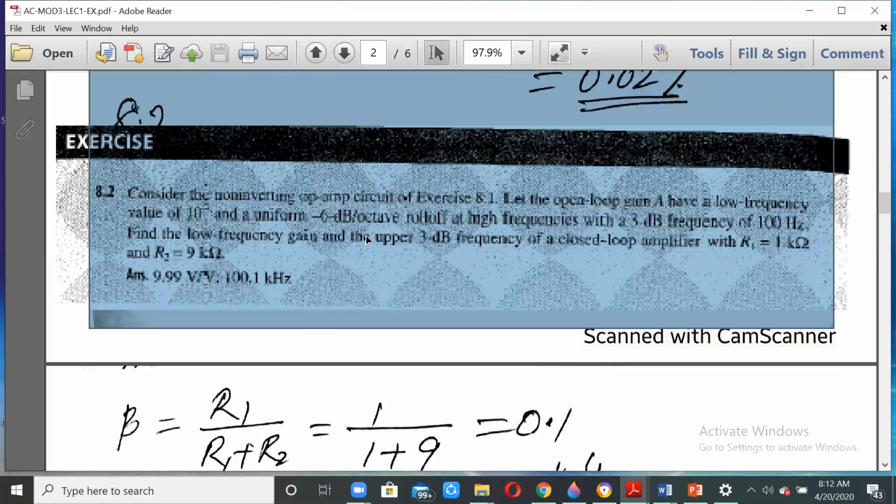Same thing as minus 20 dB per decade, at a high frequency with a 3 dB frequency of 100 Hertz. Find the low frequency gain. The low frequency gain has to be found, and the upper 3 dB frequency has to be found of the closed loop amplifier with R1 equal to 1 and R2 equal to 9, in case of the circuit which is given above.